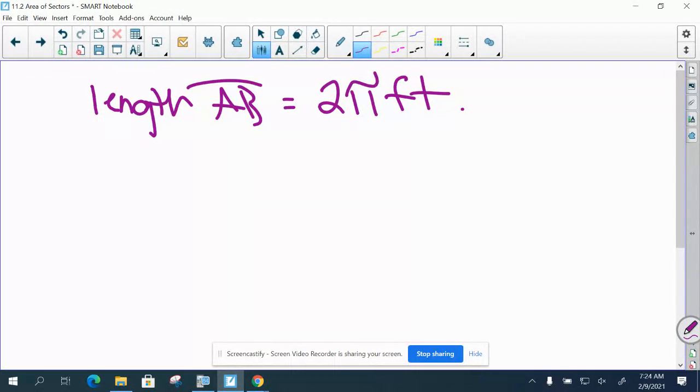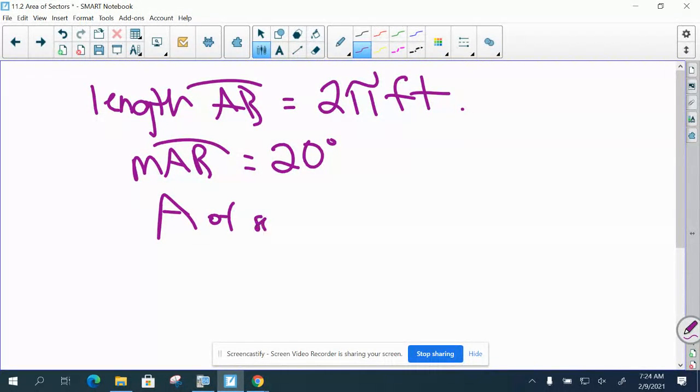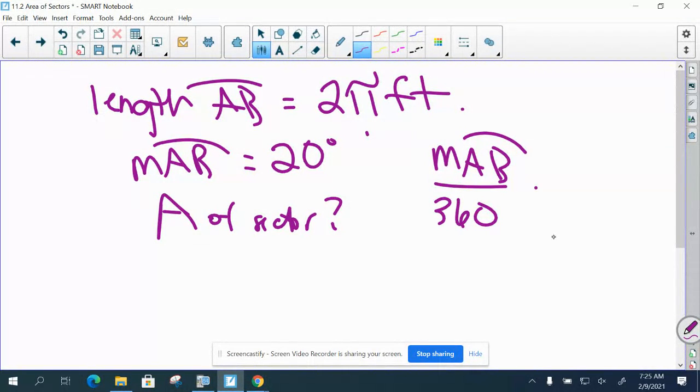And then if the measure of the arc is 20, what is the area of the sector? Okay, so a couple different things going on. Reminder, the length of an arc is found by taking the measure of the arc over 360 and multiplying that by 2 pi r.